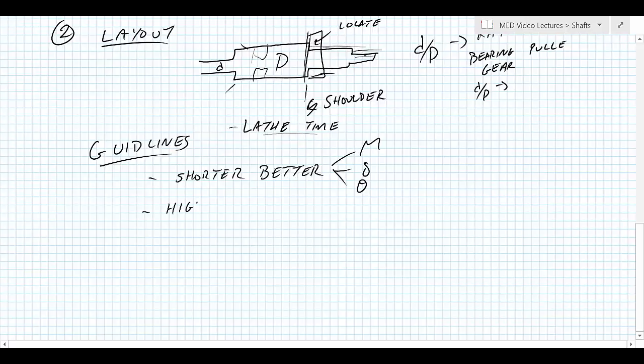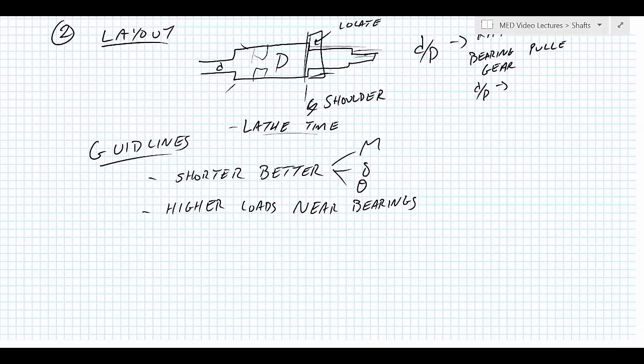You need to locate as much as possible higher loads near the bearings that are going to support them. So you don't have to put bearings on the outside edges necessarily. You can locate bearings in such a way that they are closer to the actual loads that they need to carry. The second aspect related to that is we only do 2 bearings on a shaft.